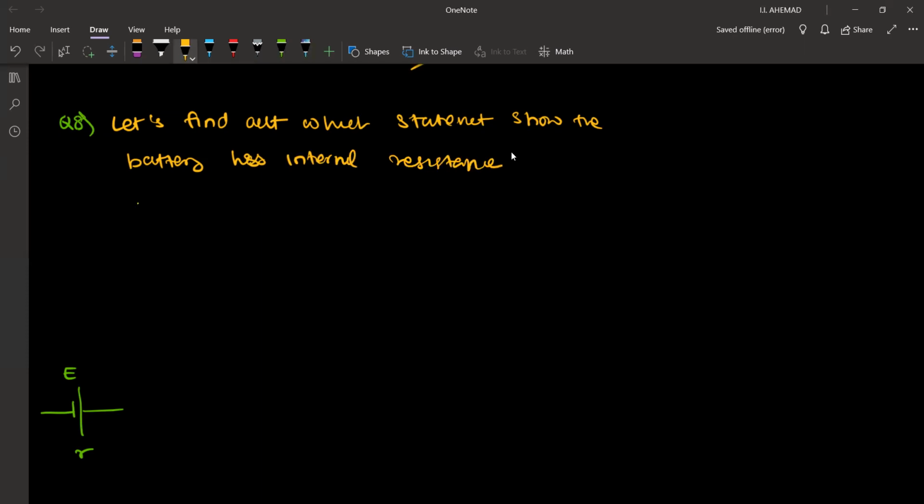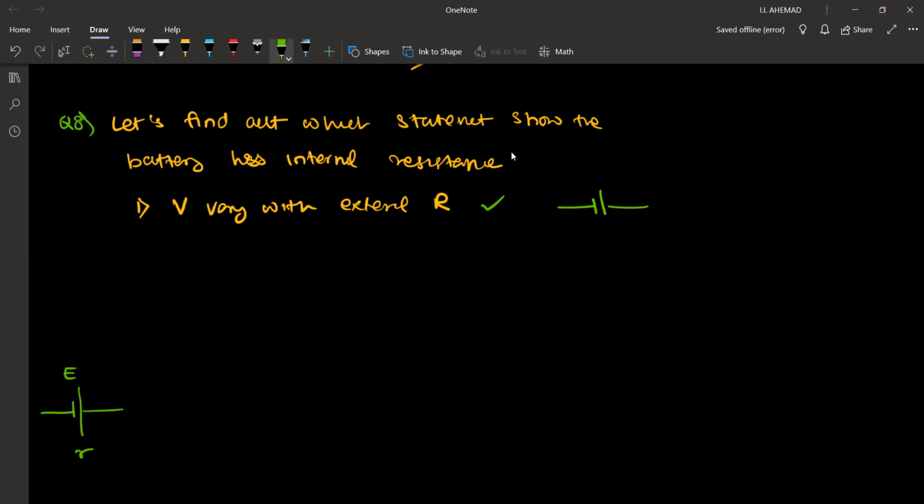So let's look at statement 1. In statement 1, they say terminal voltage varies with the external resistance R. So this one shows, right? This one is correct. Why?